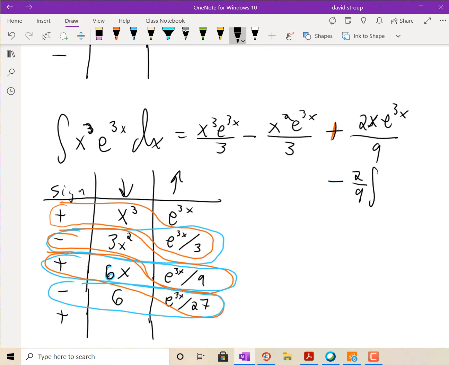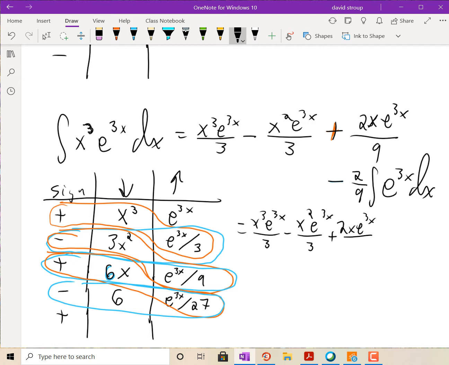I mean, we can integrate it, so e to the 3x dx. Okay, so we're ending up with x cubed over 3 minus x squared e to the 3x over 3 plus 2x e to the 3x over 9 minus 2, it'll be ending up all over 27 e to the 3x, and then plus c. Assuming I didn't do anything silly.